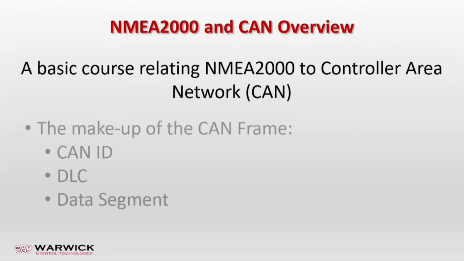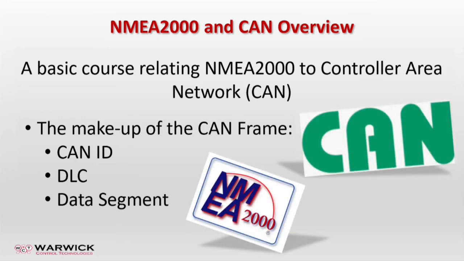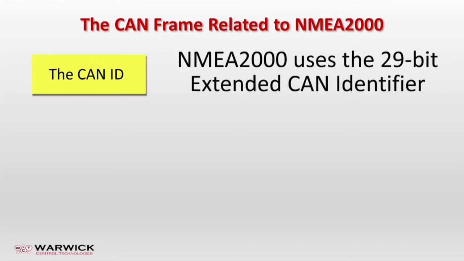the CAN ID, DLC and data segment, and also how this relates to NMEA2000. The first most relevant part of the CAN frame is the identifier. For NMEA2000, it uses the extended CAN identifier, which is 29 bits long.